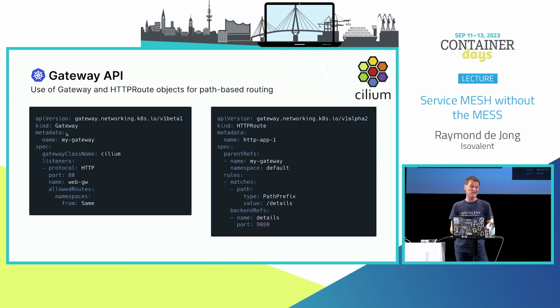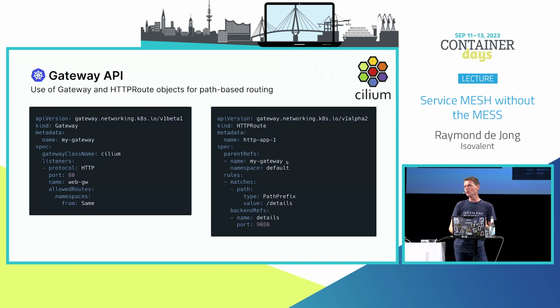You first need to create a gateway resource of the class Cilium. This will be a Cilium gateway. You create one or more listeners, in this example an HTTP listener on a specific port. You can also use namespace annotations to allow routes from. So in this example, we allow traffic from the same namespace where the gateway is created.